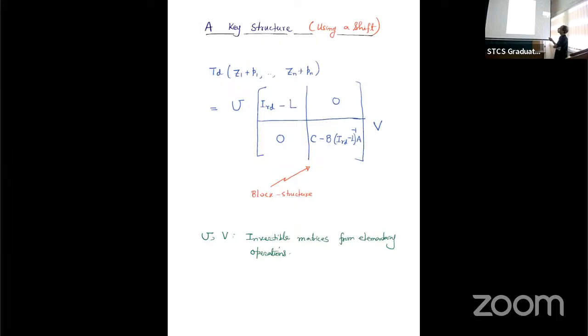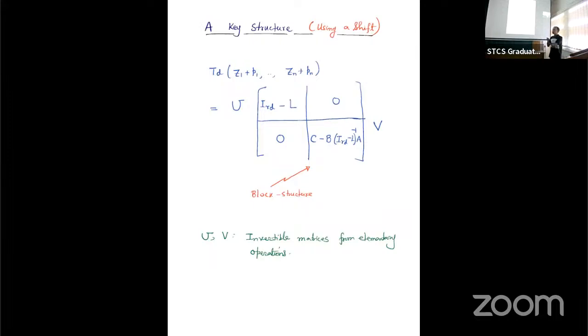And using some row and column operations, you can bring this matrix to a special shape. This is I_RD minus L, where L is some linear matrix, and this is C minus B (I_RD minus L) inverse A.